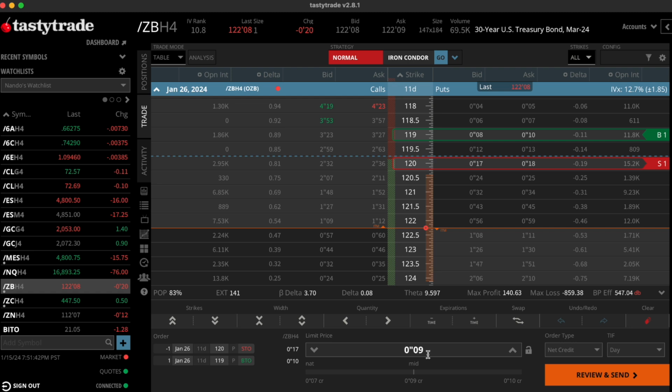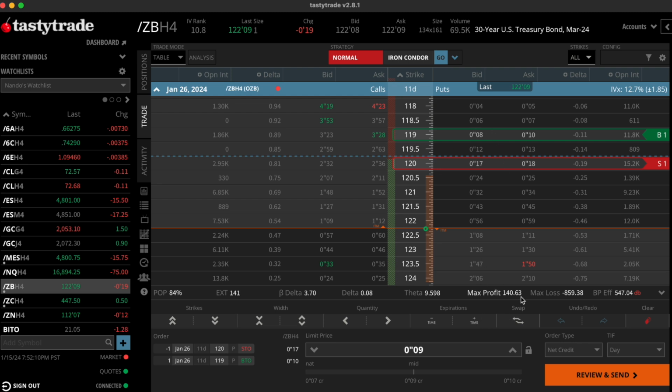9 ticks times 15.62. And then the max loss would be a handle from 120 to 119 minus the 9 ticks. Note that a handle in the bonds is worth $1,000, the bond options use 64ths, and 64 times 15.62 gives you the 1,000.